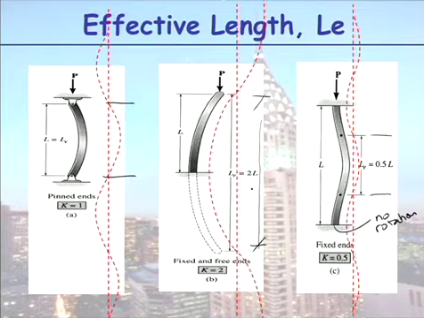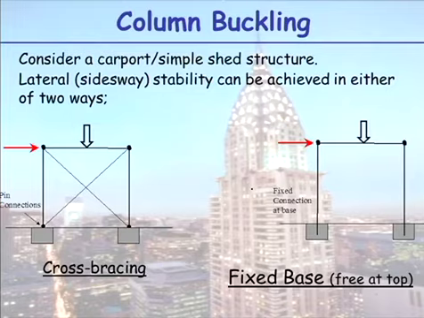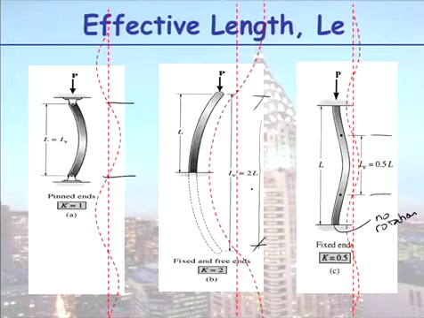So how much more are you squashing it by when you grab the ends, when you fix the ends, compared to when you pin them? You have to apply 4 times the load. How do I know that? We'll do the calculation quickly. Just showing you quickly here: pi squared EI on length effective squared.